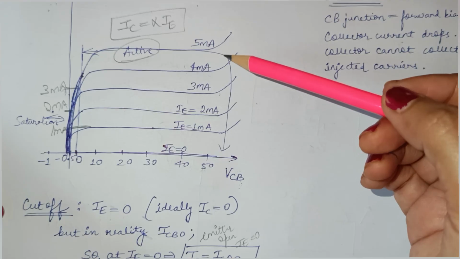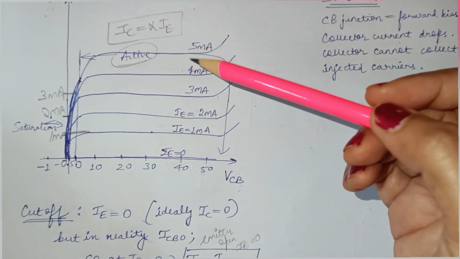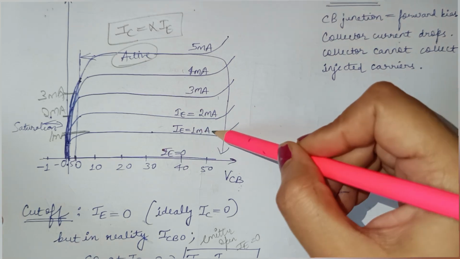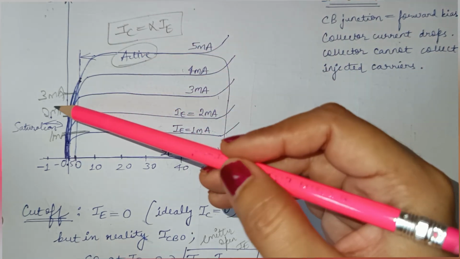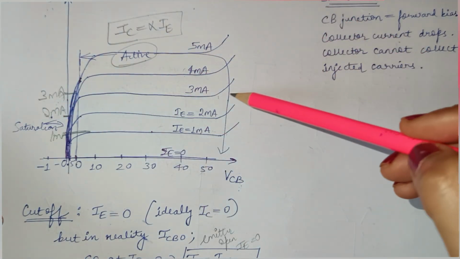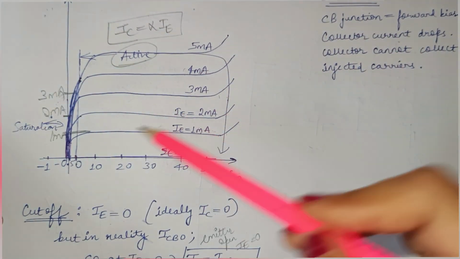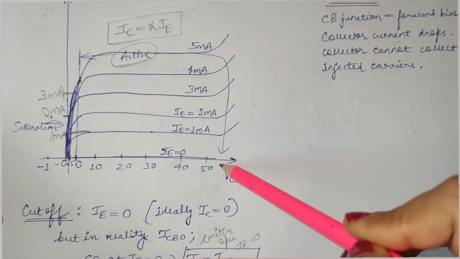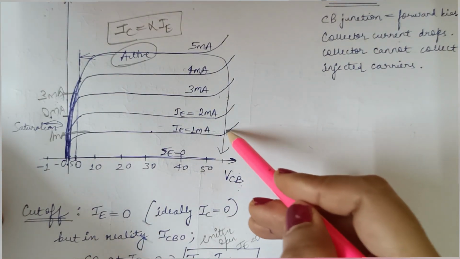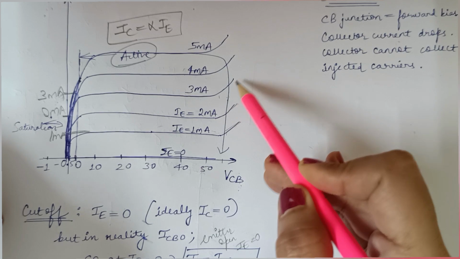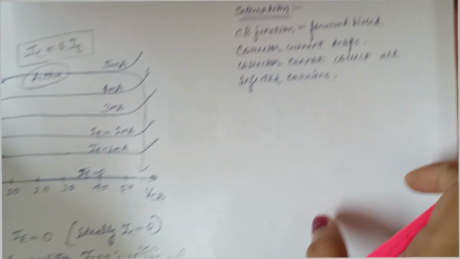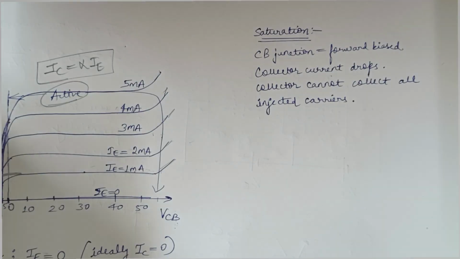Current amplifier. It is a current controlled device. It is not a voltage controlled device. So whatever input current you give, you get almost the same output current. That is our transistor action. So the curves are flat, but after a certain VCB you get higher currents, which is an effect we will discuss later.